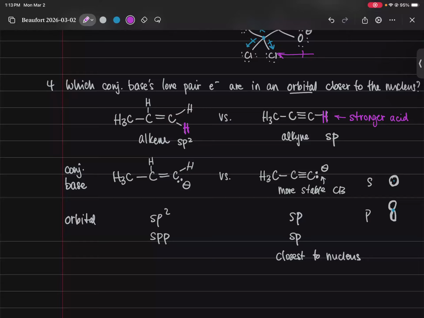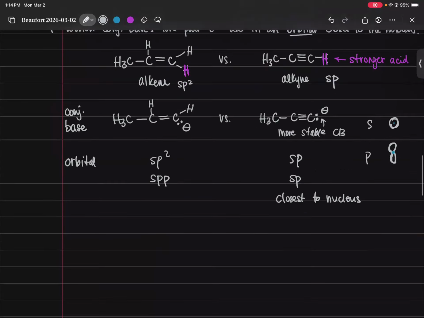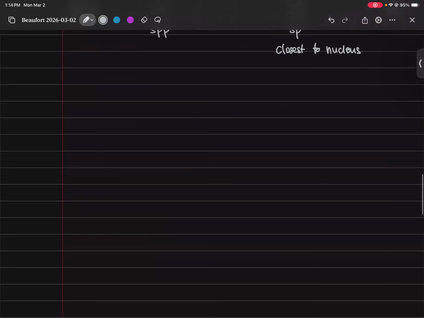You can look on your chart and you should find that the pKa of an alkyne is lower than that of an alkene. Low pKa means stronger acid. Before we do some practice problems, any questions on those 4 rules?